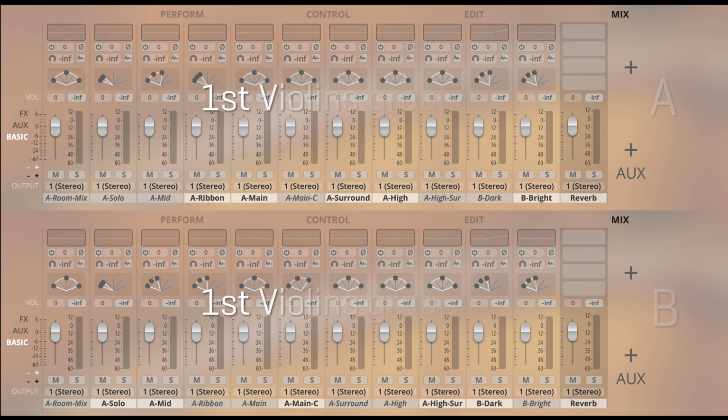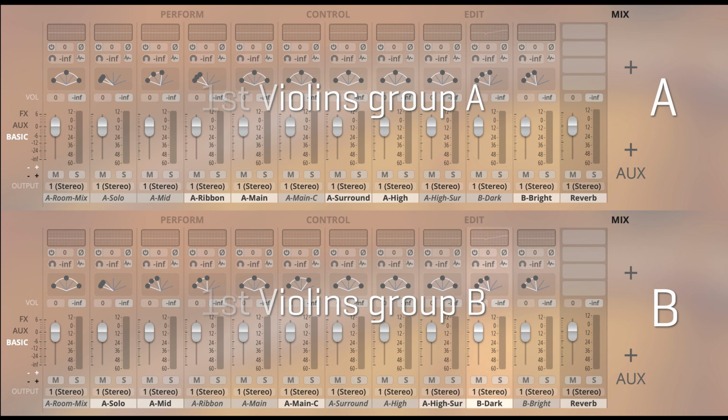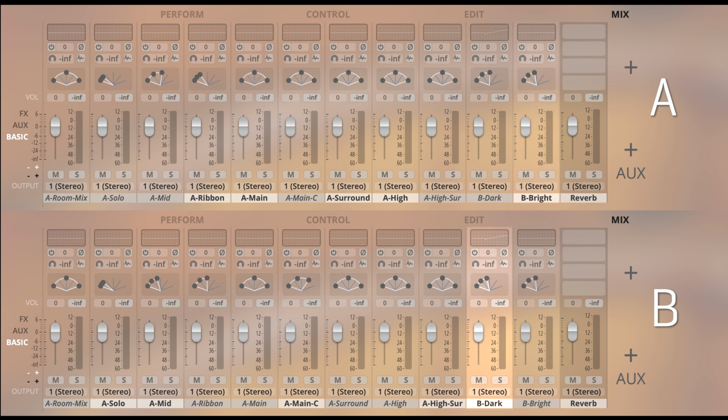I carefully selected microphones to maintain a consistent sound character, with one group using the B dark microphone and the other the B bright. The ribbon microphone couldn't be in the same group as the B dark microphone, otherwise that group would sound too dark, so it went to the other group.